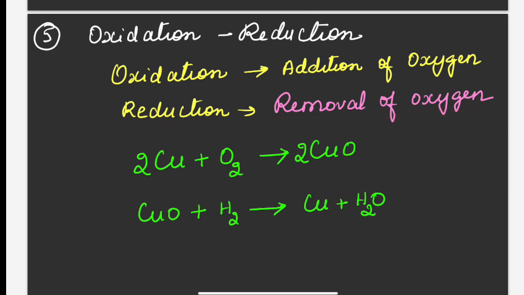Can you see here that oxygen is present in the reactant? When the product is formed, you can see that oxygen is removed. So removal of oxygen is called reduction. Therefore this is called a reduction reaction. So these are the examples for oxidation reduction reaction.